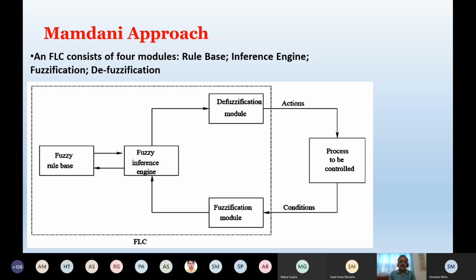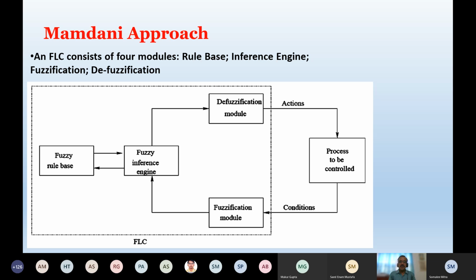What is the action variable? The action variable is nothing but the angle of valve opening for the air conditioner. So this is actually multi-input, one output. In short, multi-input is MI and single output is SO. So this is known as MISO.